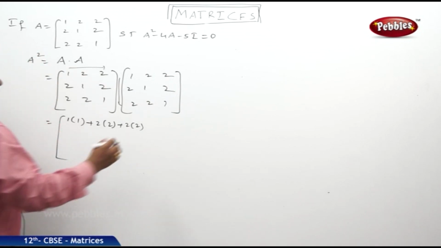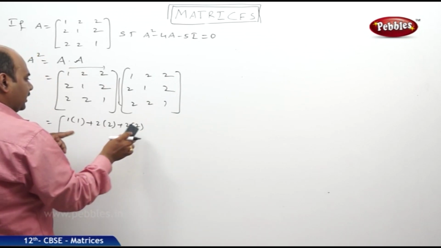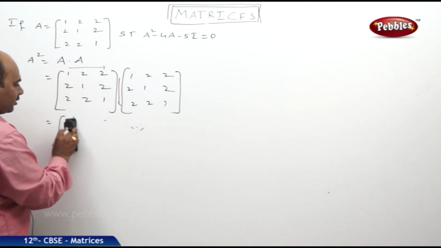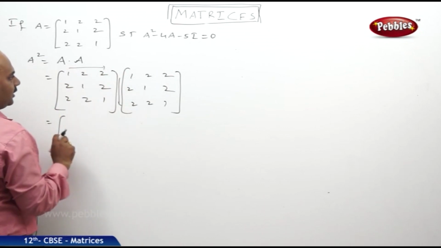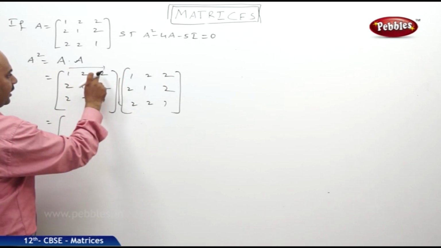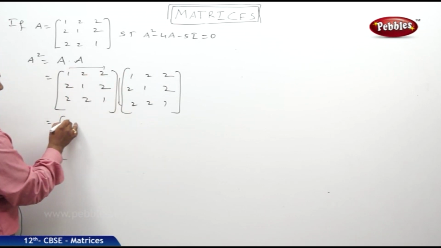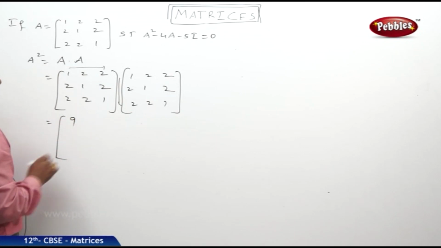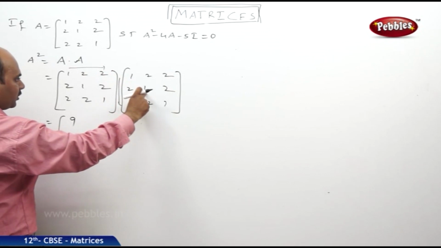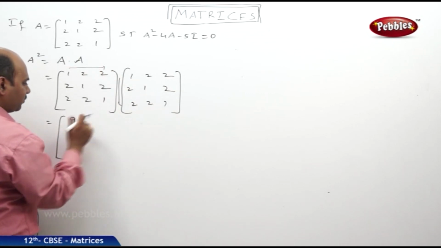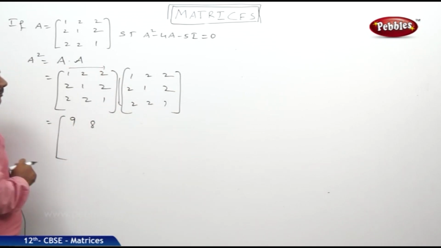By this time I think you are very clear about matrix multiplication, so I will be writing the values directly. 1 into 1 is 1, 1 plus 4 is 5, and 5 plus 4 is 9. Similarly here 1 into 2 is 2, 2 plus 2 is 4, 4 plus 4 is 8.